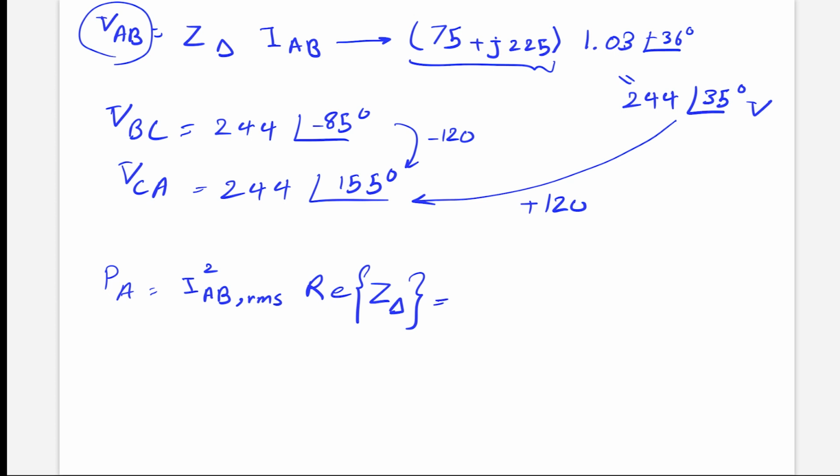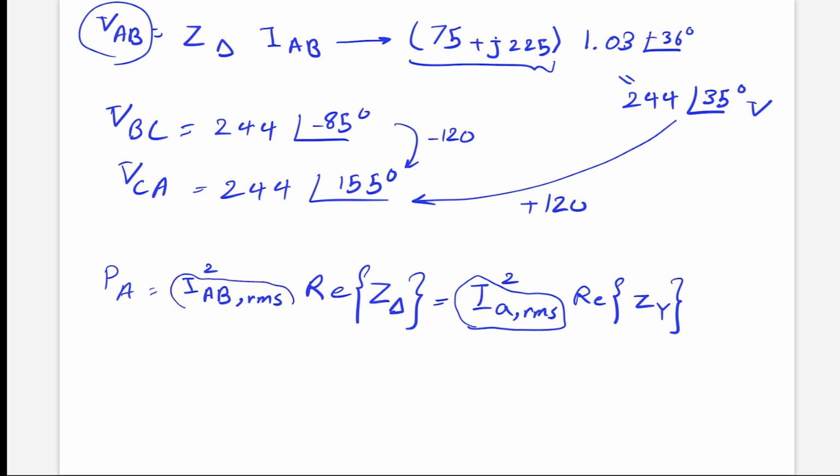Now this is equal to IA RMS value squared times the real value of the ZY, because we know this is radical 3 times bigger than this one.